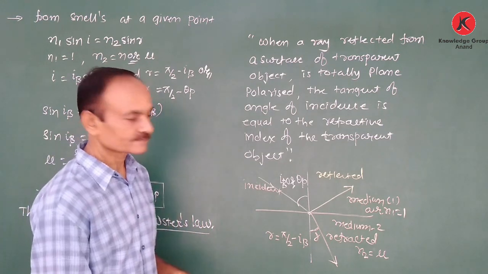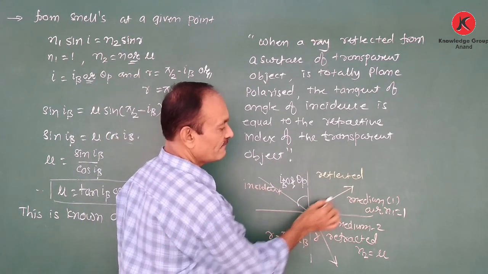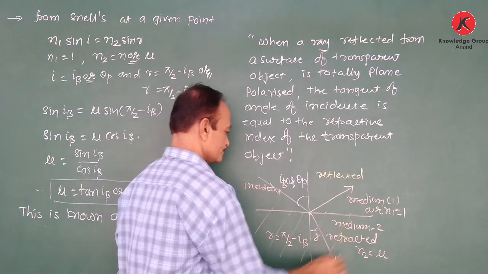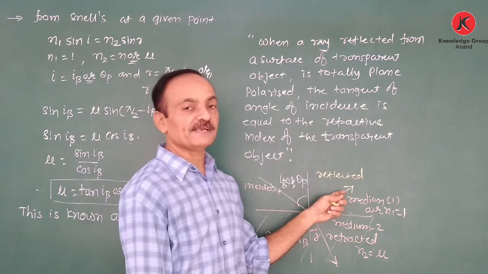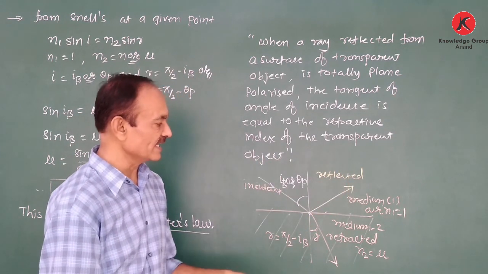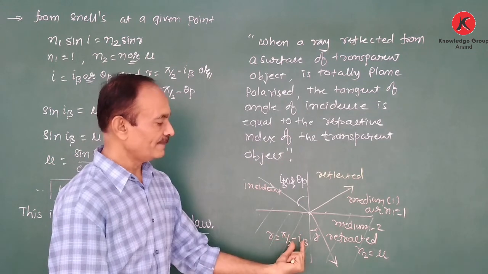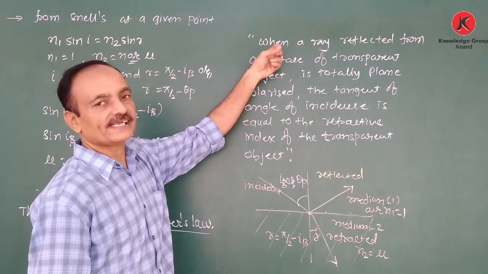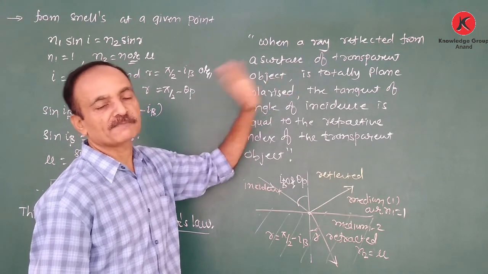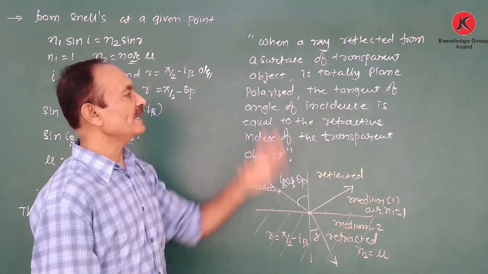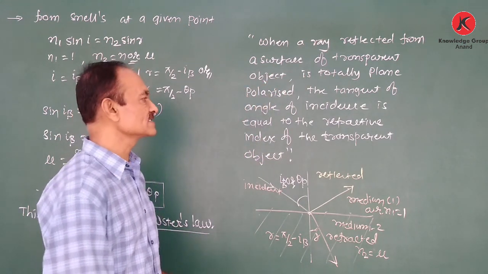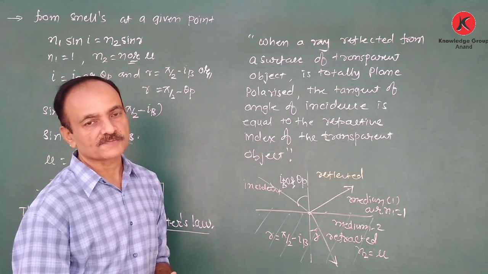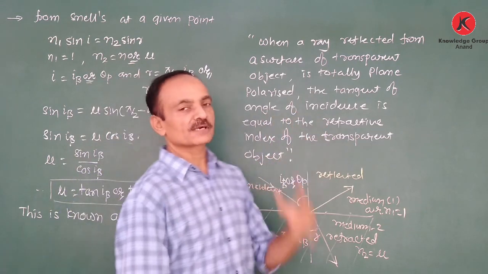Again, when the ray is reflected from the surface of a transparent medium and this reflected ray is plane polarized, then in this condition the tangent of the angle of incidence is equal to the refractive index of our transparent medium. This statement is known as the BREWSTER'S law.